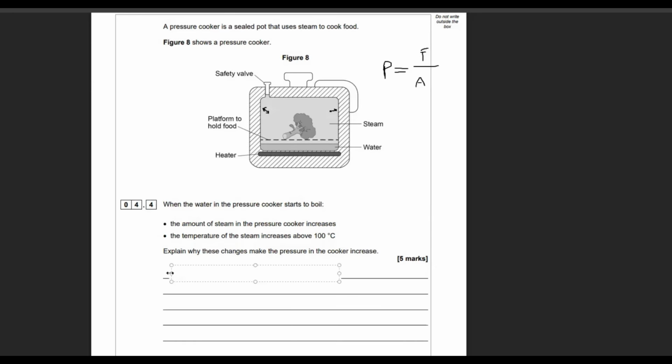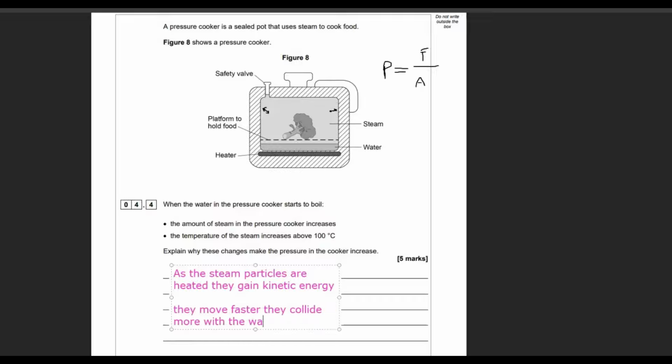So we're going to say, as the steam particles are heated, they gain kinetic energy. They move faster. What does that mean? They collide more with the walls of the container, in this case, the pressure cooker.